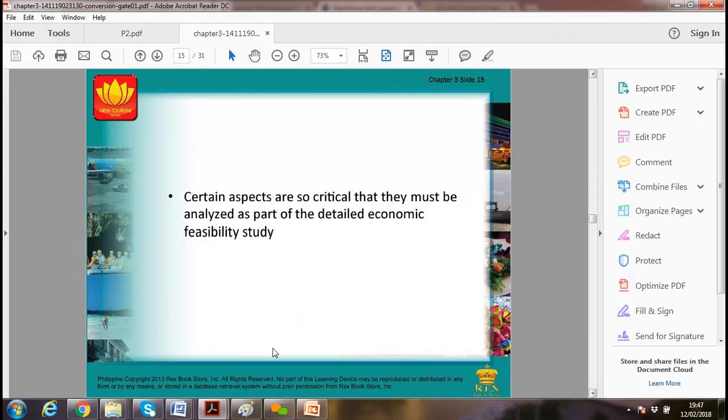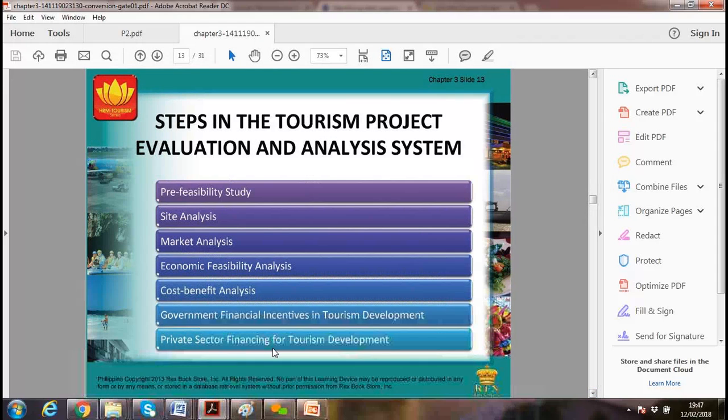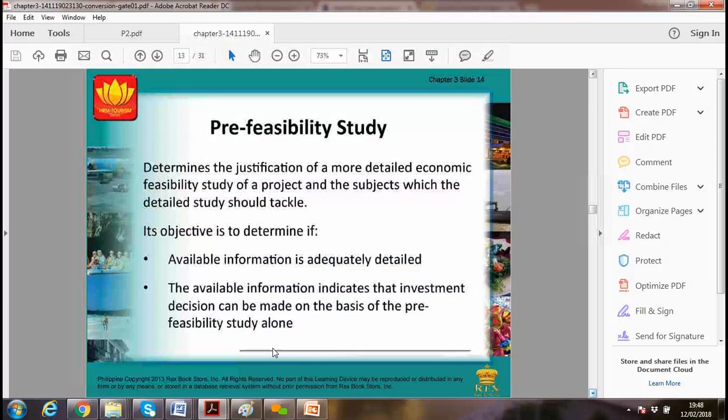Okay, there are 7 steps we need to look around: pre-feasibility study, site analysis, market analysis, economic feasibility analysis, cost benefit analysis, government financial incentive in tourism development, and private sector financing for tourism development. Who is going to provide it?